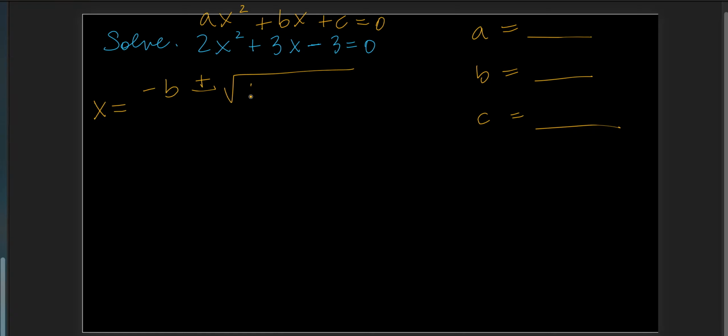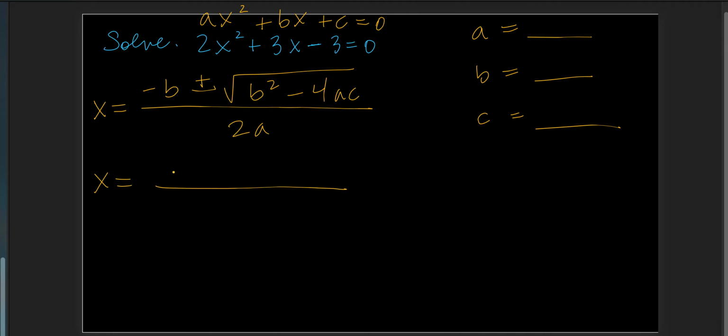Negative b plus or minus the square root of b squared minus 4ac all over 2a. Then right under it, I'm going to plug things in. I'm going to write down the negative sign that comes with the formula, all of these symbols and numbers that come with it.